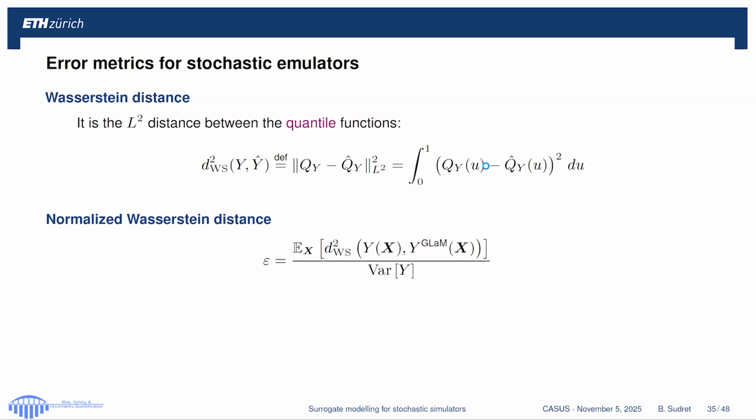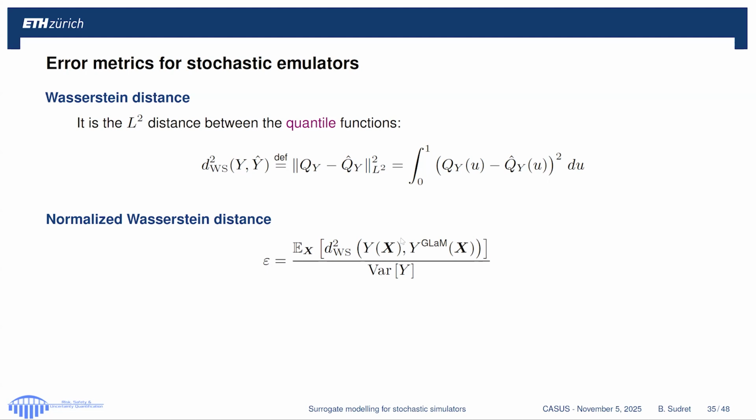What works best is computing distances between quantile functions, because this is the most well-posed. So if we have some reference distribution and one predicted by the surrogate, we compute the so-called 2-Wasserstein distance, which is the mean square error between the quantiles of the true one and the surrogate one. And this is for a given x.